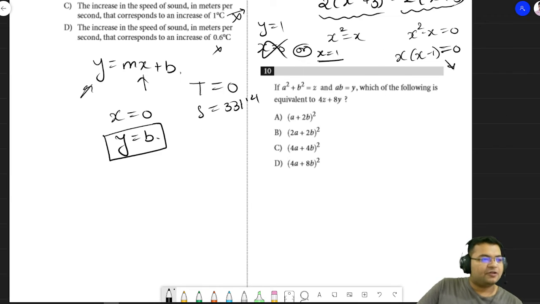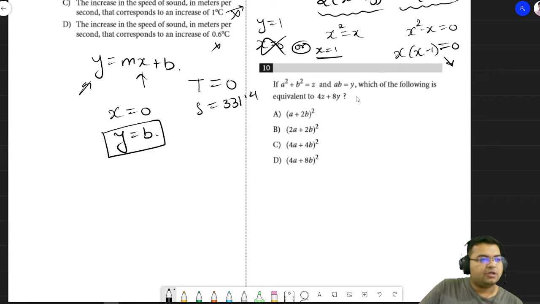If a square plus b square equals z and ab equals y, which of the following is equivalent to 4z plus 8y? Fine. We'll just plug in the values of z and y in the expression. I'll get 4 times a square plus b square plus 8 times ab.